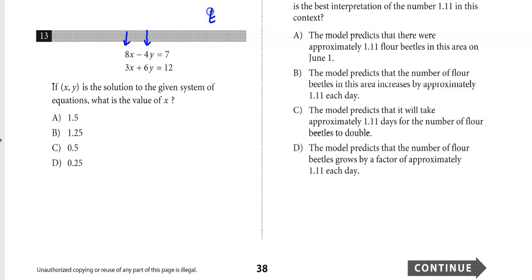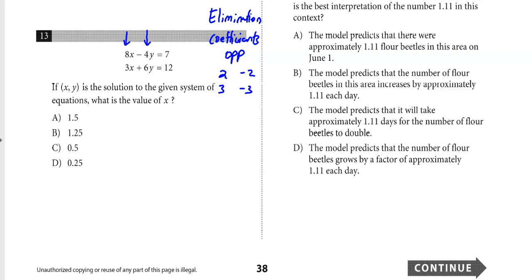So in order for elimination to work, I need coefficients to be opposites, okay? Meaning like 2 and -2, or 3 and -3. Well, it looks like on this one, I'm going to have to multiply both rows to get this thing to work out. And I have some choices.